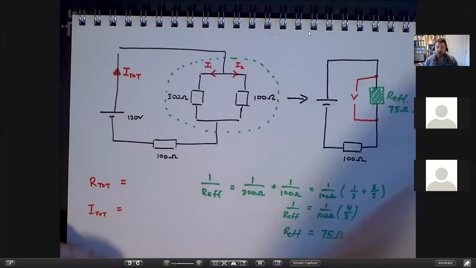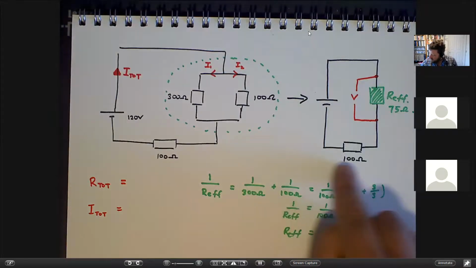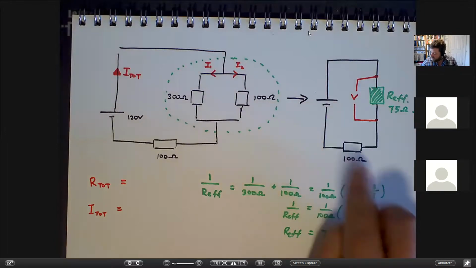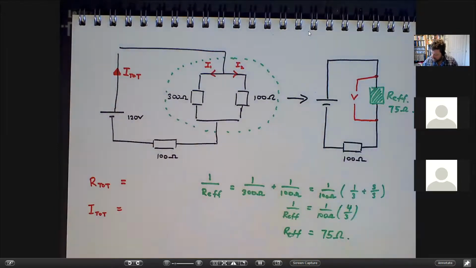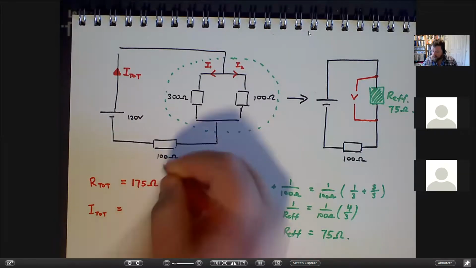That means our total effective resistance for the whole circuit is going to be, well, now this looks like a series circuit, so we're going to have 100 plus 75, so 175 ohms.